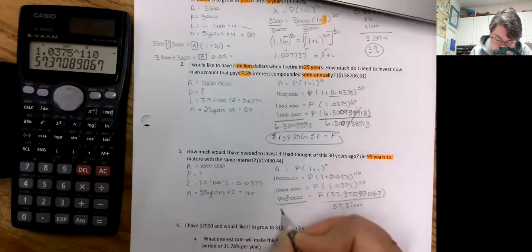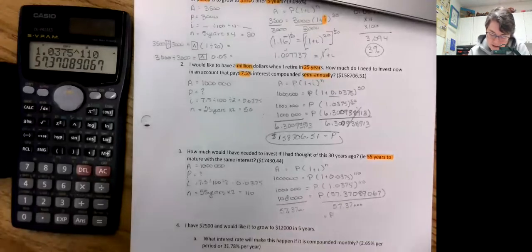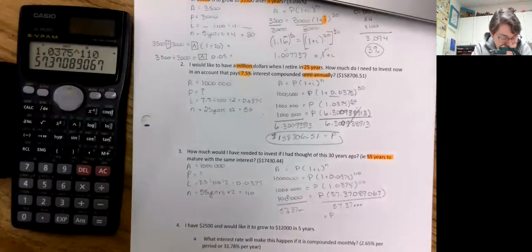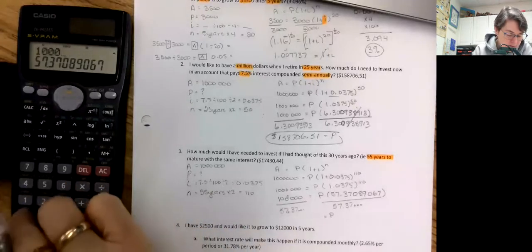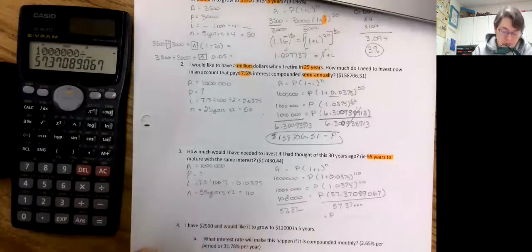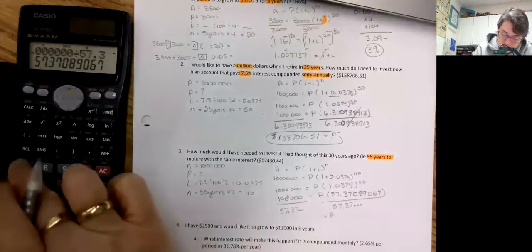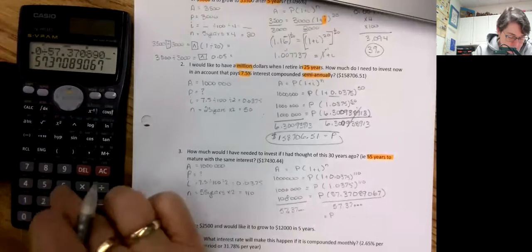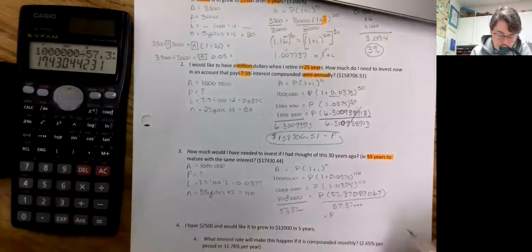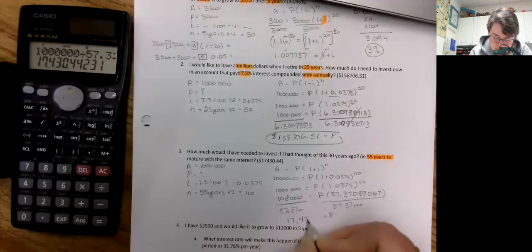All right, it's the same number. So 1 million divided by 57.37089067, and that's going to give me 17,430.4.